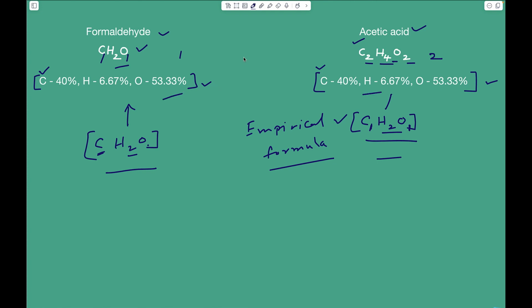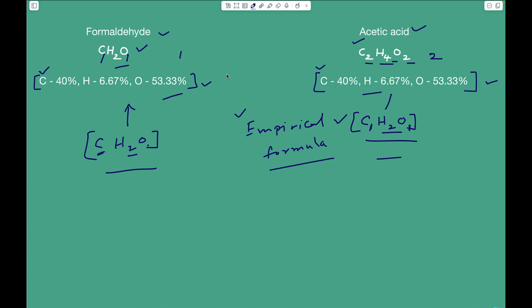To make sure that we understood the idea of empirical formula and percentage compositions by mass correctly, let us ask ourselves some questions. If 2 or more compounds have the same empirical formula, what can we say about their percentage compositions? As we have seen here, if they have the same empirical formula, then they must have the same percentage composition.